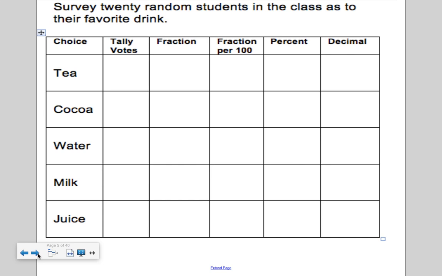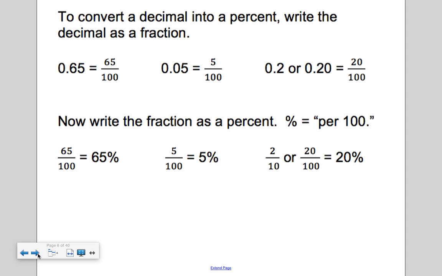So we are going to be doing a survey in class on what is your favorite drink? Tea, cocoa, water, milk, and juice. We would tally the votes, and then we will calculate the fraction, decimal, and percent. To convert a decimal into a percent, you need to know your place value.